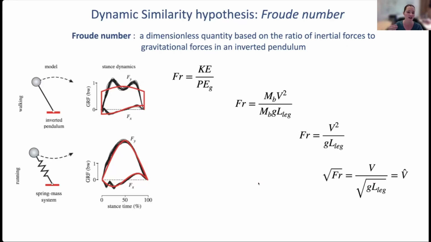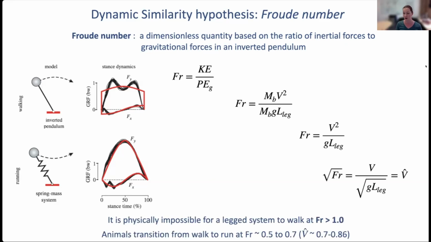But they do then differ from each other when you're at dimensionless speeds or Froude numbers away from 1. But the reason Froude number is important is because it is physically impossible for a legged system to walk at Froude numbers greater than 1, because the centripetal acceleration of the point mass rotating about its foot as it does the arc during stance will exceed the gravitational acceleration required to keep the system on the ground, and an aerial phase occurs.